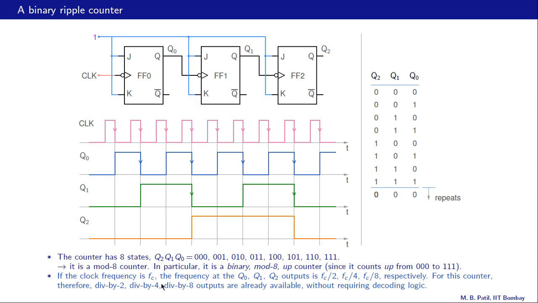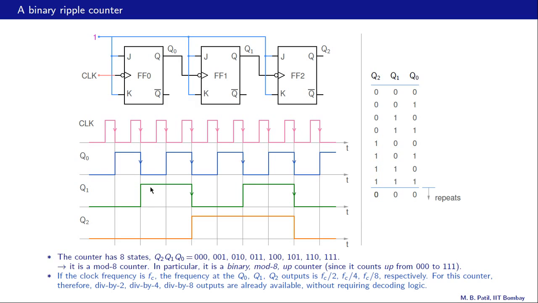If the clock frequency is Fc, then the frequency at the Q0, Q1, Q2 outputs is Fc by 2, Fc by 4 and Fc by 8 respectively. And that can be clearly seen from this figure here. The frequency of Q0 is half of the clock frequency.